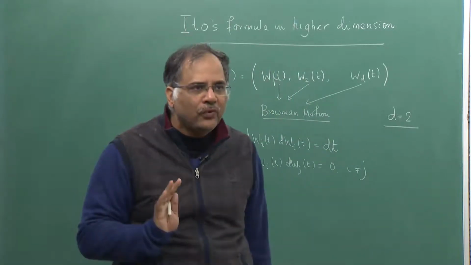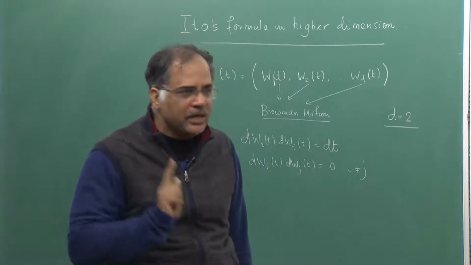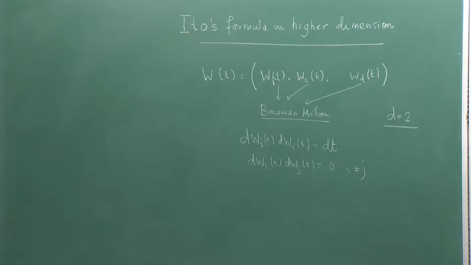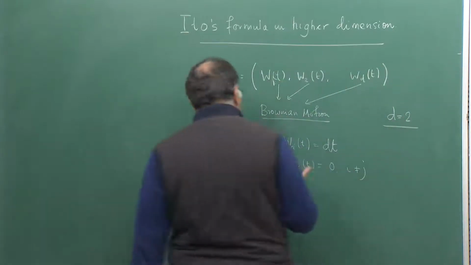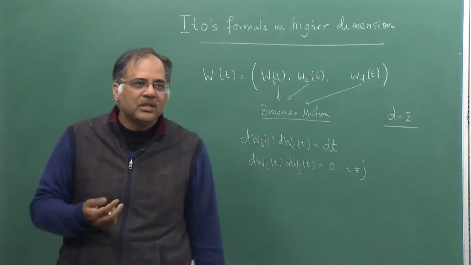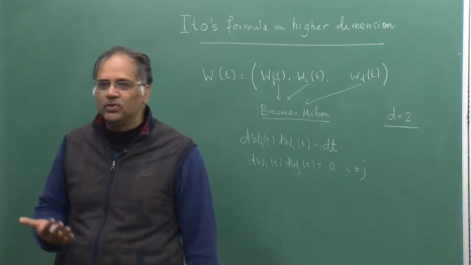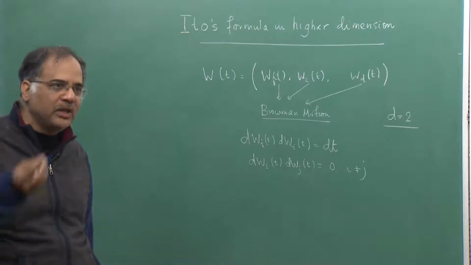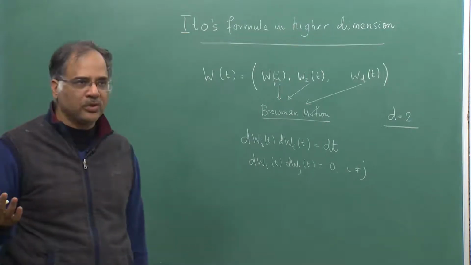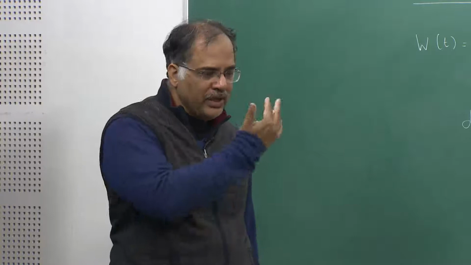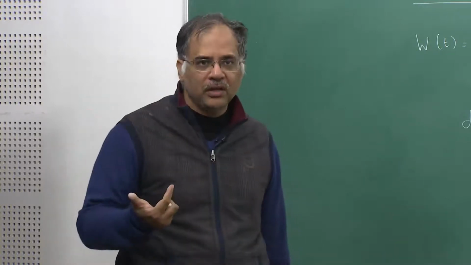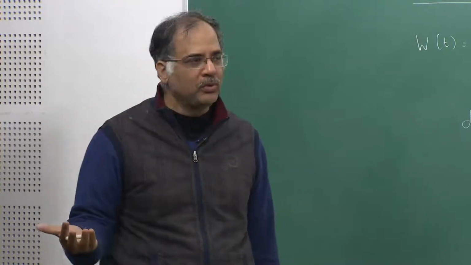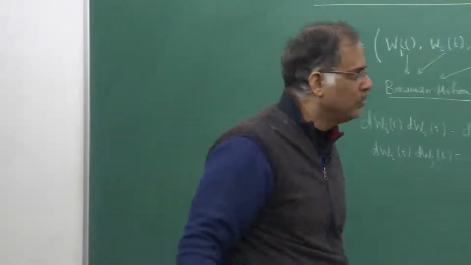Their functional form need not be the same. That is something you have to always keep in mind, that these do not have unique functional forms. It is a stochastic process which should follow a certain pattern. So, there can be two different Brownian motions, with very different sample paths for a given realization omega, but they follow all the properties of a Brownian motion, and hence they are Brownian motions.